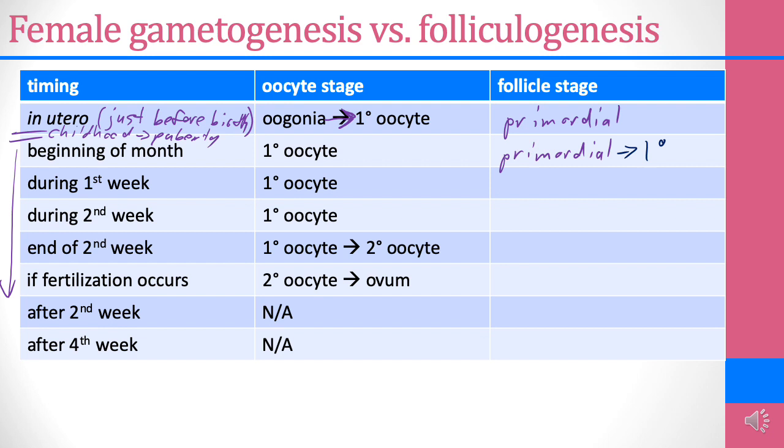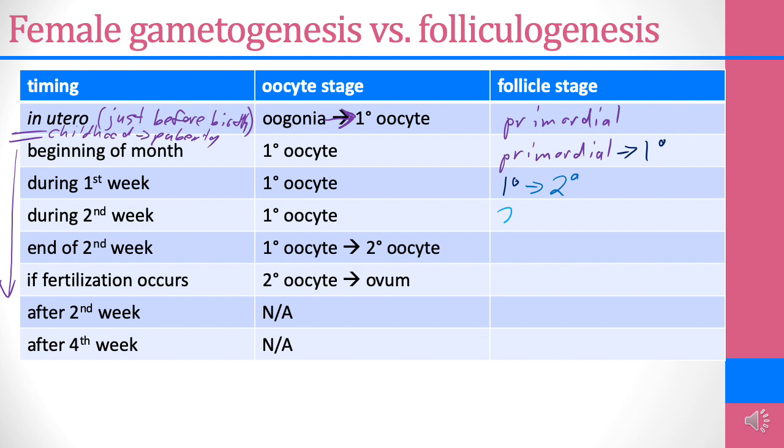Over the course of the first week of development, that primary follicle further develops into a secondary follicle, so it develops an antrum, remember, continues to get bigger, produce more and more estrogen.